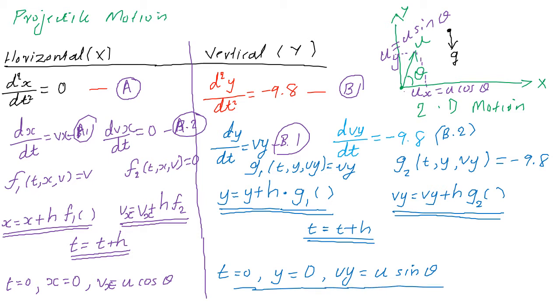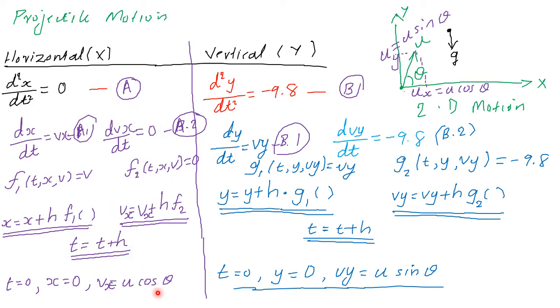Correct? Okay, so you must solve both the equations, equation A and equation B, simultaneously. Which are the equations? The first equation A, d square x by dt square is equal to 0, and d square y by dt square is equal to minus 9.8, simultaneously.